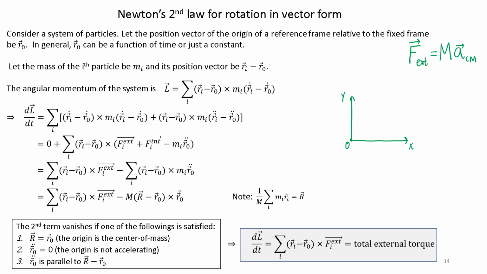And then I have another coordinate system, which I call x prime, y prime, z prime. And then the origin is at O prime. And the vector pointing from O to O prime, I will call that R naught.